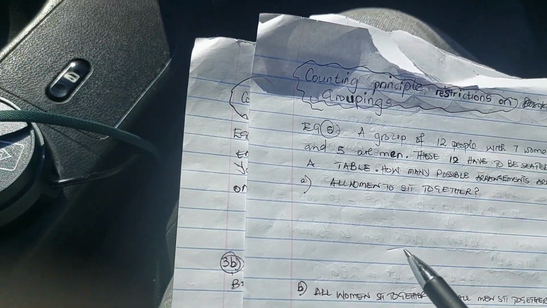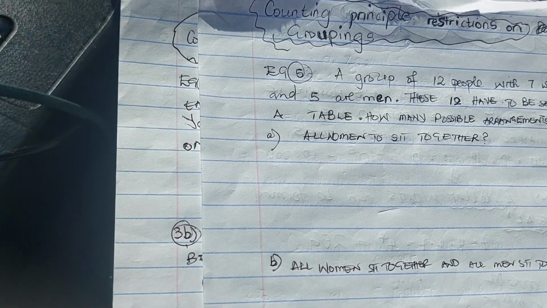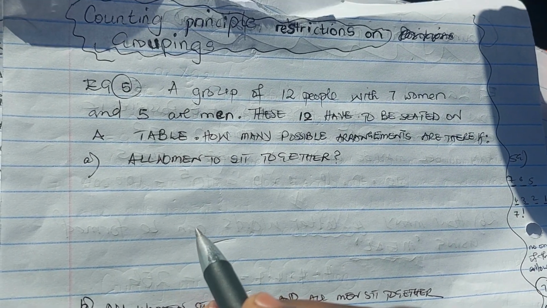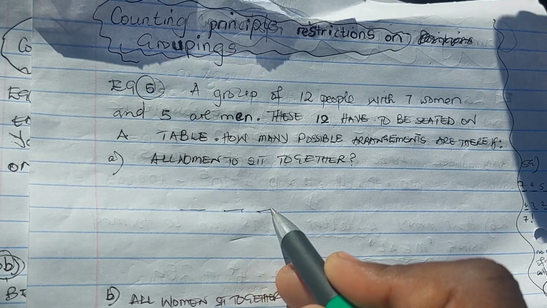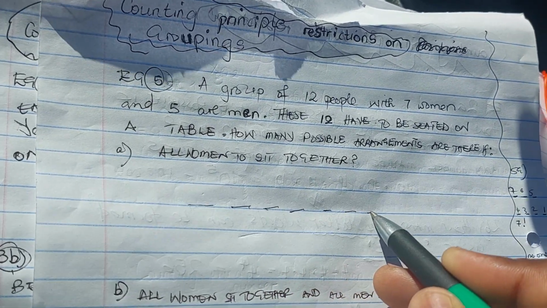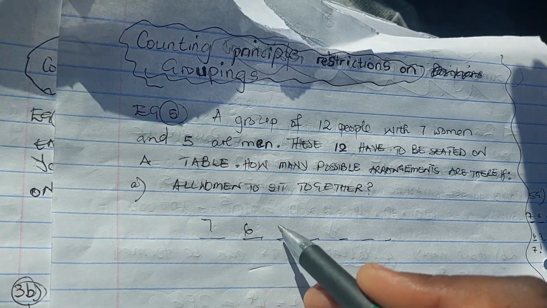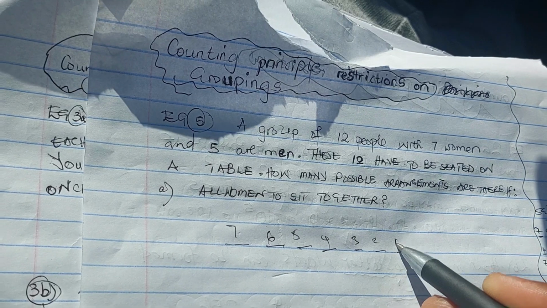From here we are saying we've got 7 women, isn't it? So 1, 2, 3, 4, 5, 6, 7, right? We've got 7 women. That means 7, 6, 5, 4, 3, 2, 1.